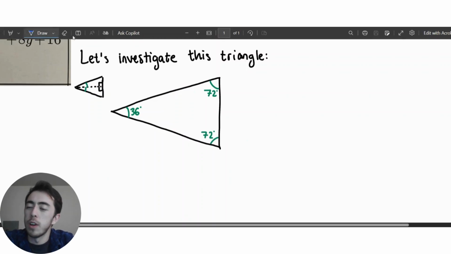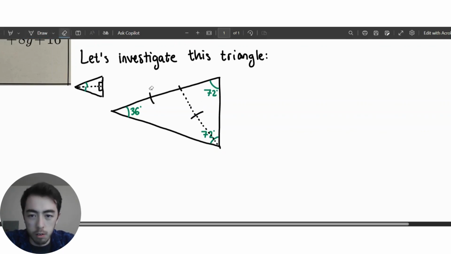Now I'm going to cut up this triangle in maybe some weird ways. First, I want to try to find the perfect spot along this side, such that when I make a little cut and make a dotted line down to this corner, my goal was to make this side and this side congruent or equal in length. And when I do so, I notice that I have another isosceles triangle, and so these angles have to match.